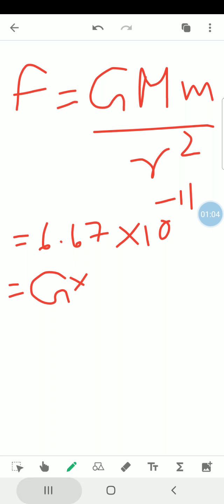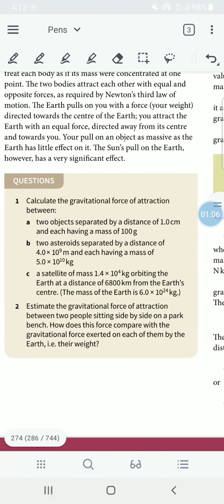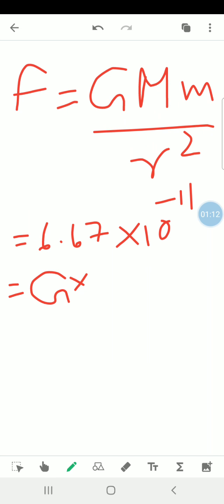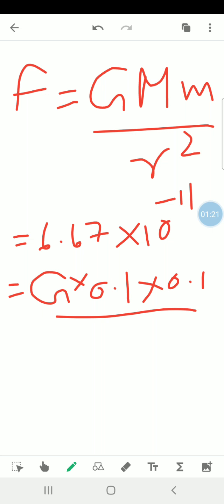So G multiplied by the masses. Two objects separated by a distance of 1 centimeter and each having a mass of 100 grams. So 100 grams means we have to divide it by 1000. So then it is going to be 0.1 multiplied by 0.1 divided by R squared. R is 1 centimeter, so once again we have to divide it by 100.